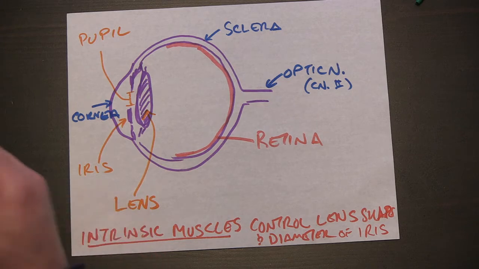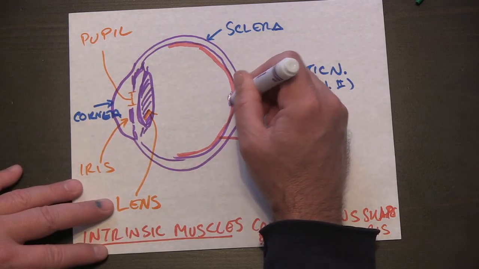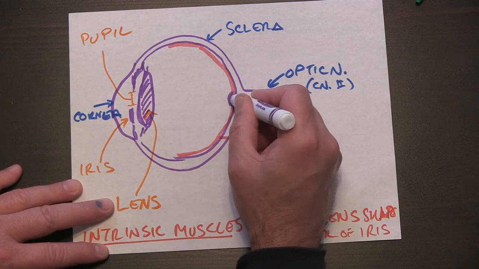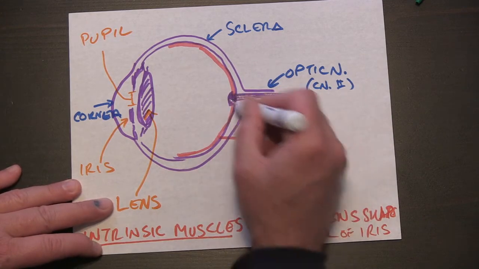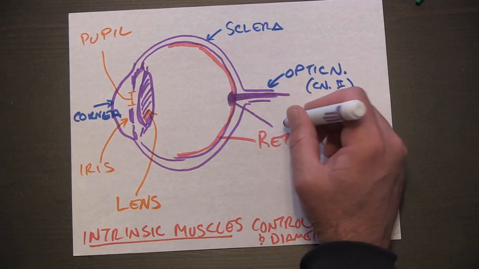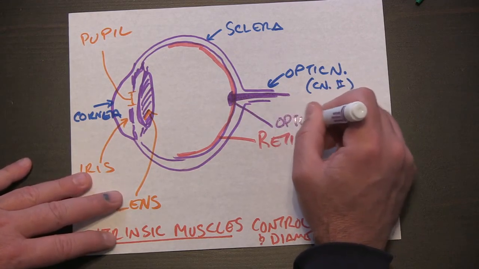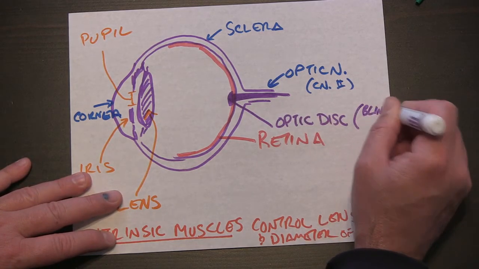And right where the optic nerve comes in, all these neurons are going to converge there and then go out through the optic nerve. So you end up with this spot here that's the blind spot, or it's called the optic disc.